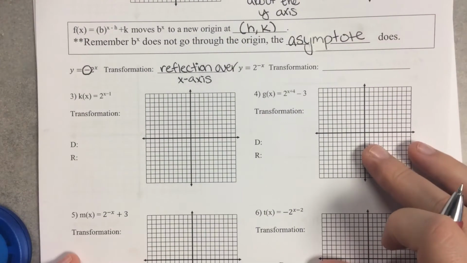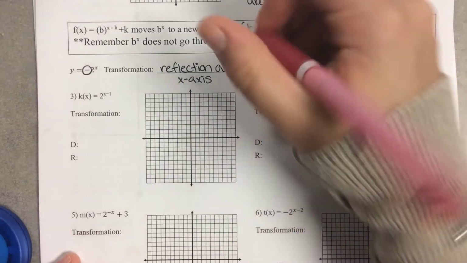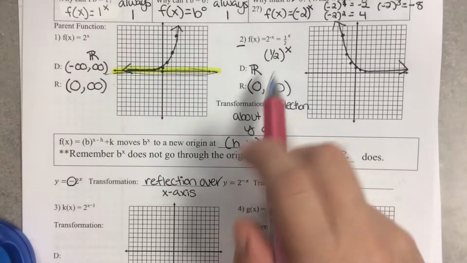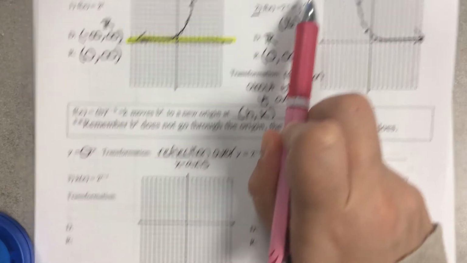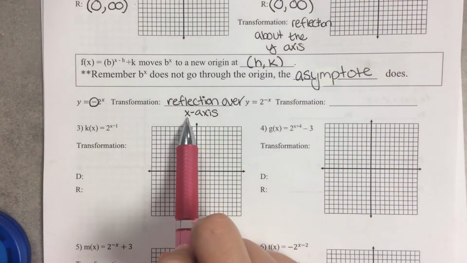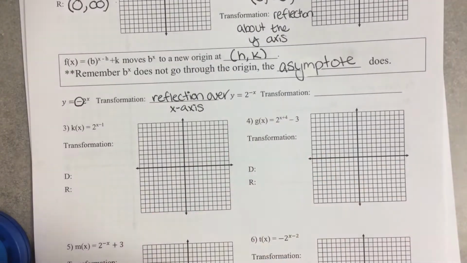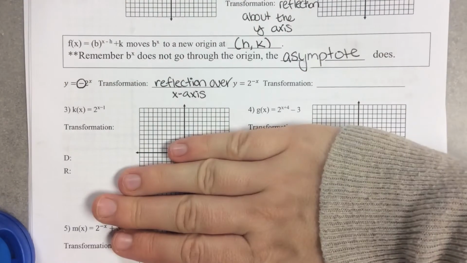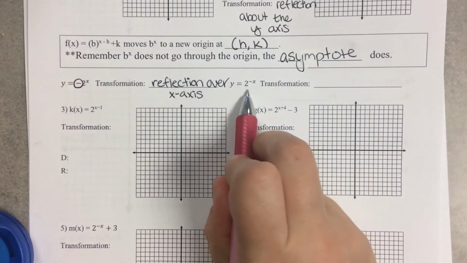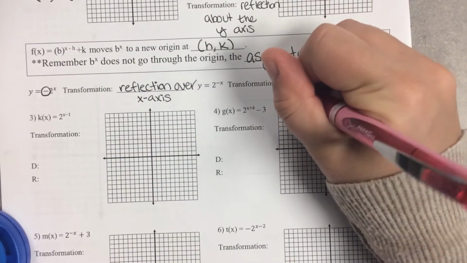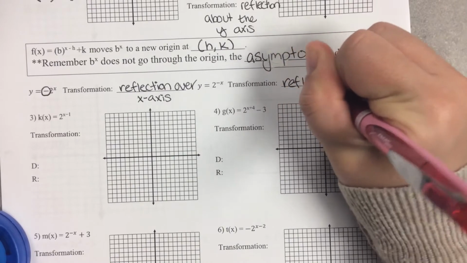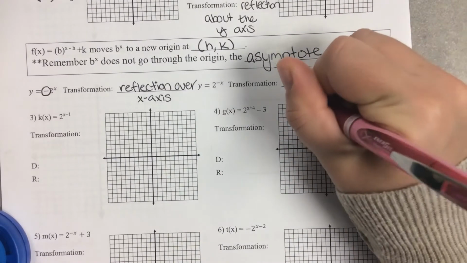And then over here, if we have a negative x, remember up here we did 2 to the negative x. So if the negative is out in front, it's going to reflect over the x-axis. So it's going to take our graph and flip it downward. But a negative x is going to take our graph and reflect over the y-axis.